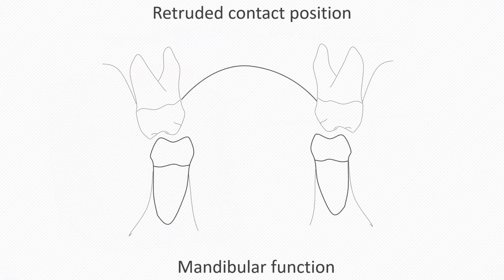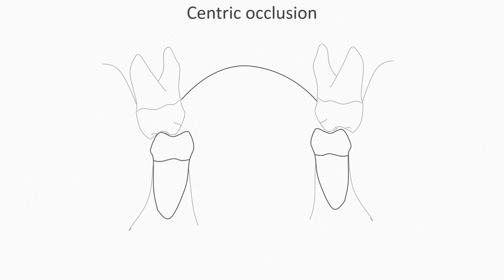It is important to diagnose normal mandibular function or abnormality in the mandibular function. In general, the centric relationship, which is the relationship between the mandible and the maxilla, or what is called the retruded contact position, or the relationship of the mandible to the maxilla when the condylar head is in the most posterior and superior position, should be coincident with centric occlusion.